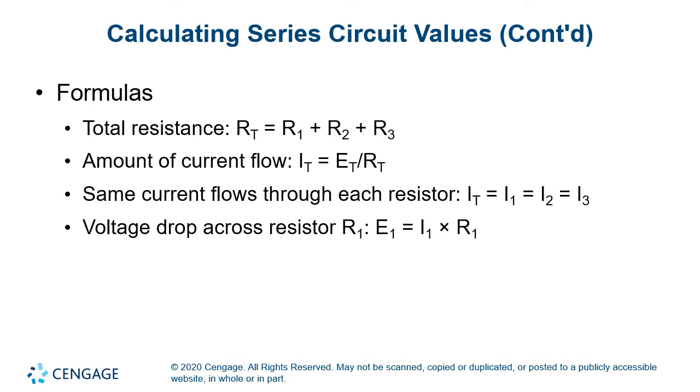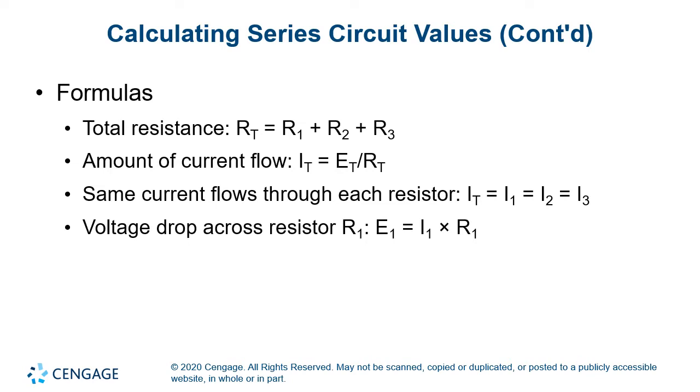So here are the various formulas that go along with those rules. As I said, the total resistance is just going to be the sum of the resistances. So in this case, the total resistance of the circuit would just be resistor 1 value plus resistor 2, resistor 3, etc., out to as many resistors as you have in series. Of course, resistance is measured in ohms.